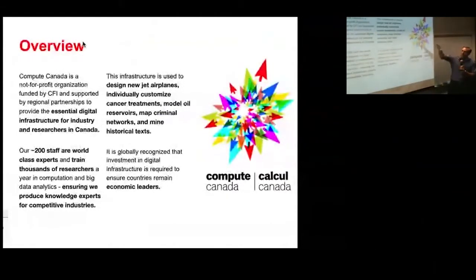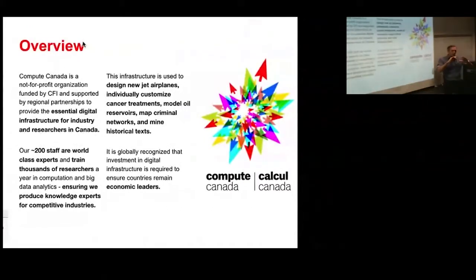So Compute Canada, see in the top left corner, is a not-for-profit organization. It's funded by CFI, that's the Canadian Foundation for Innovation, if you didn't know. And we're funded to ensure that we're able, as a country, to provide really top-tier research, and computation and things associated with computation, like storage, which are very important parts of computation today.